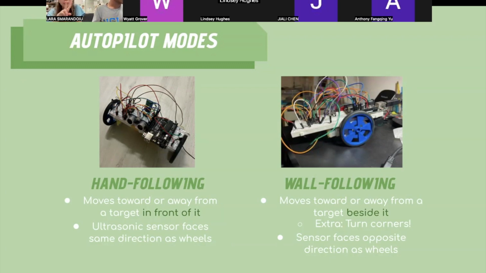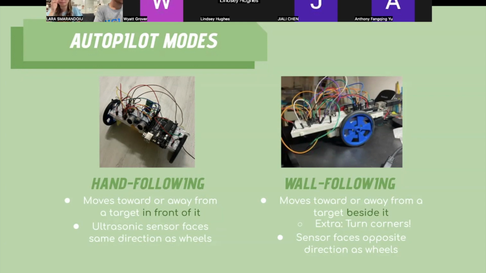And then the second option is wall following, which looks something like this, in which the car is going to be going forwards parallel to a wall, and then it'll move when it senses it needs to take a turn, as in corners, or if the wall isn't completely parallel to the car, it'll redirect to make sure it's following the wall.